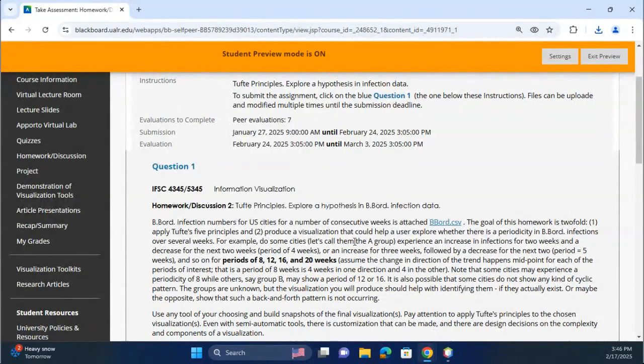I don't verify the data. I just put the name there. I already forgot what it stands for. So it's this virus, or bacteria, and it has infections. And then the numbers are shown for US cities for a number of consecutive weeks. So let me open the file.